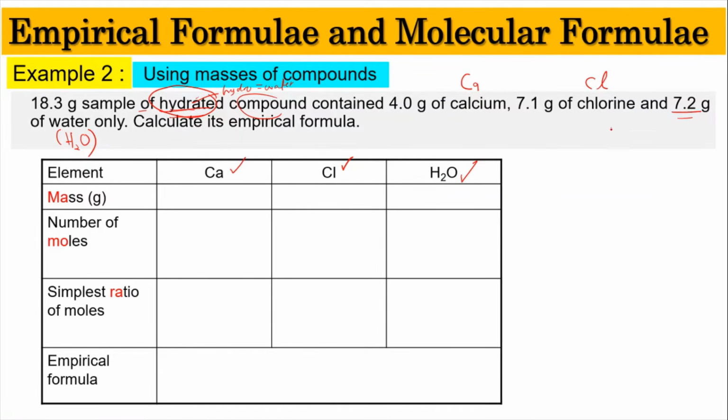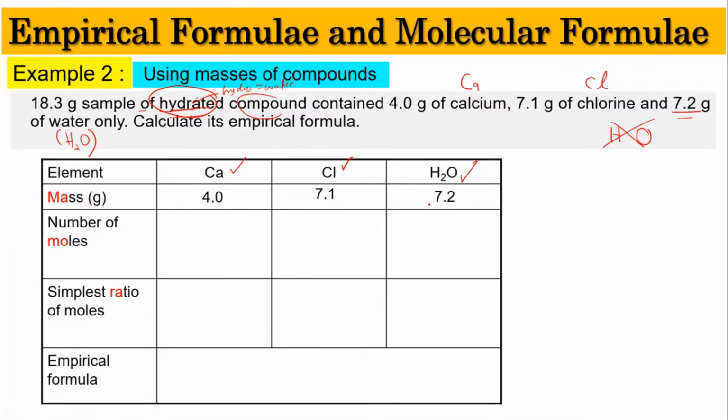You don't have to separate between H and O. Okay, you don't have to do that. You can straight away use H2O because it is a hydrated compound. Okay, and as mentioned, calcium will have 4 gram, chlorine is going to have 7.1 gram, and the water is going to have 7.2 gram.